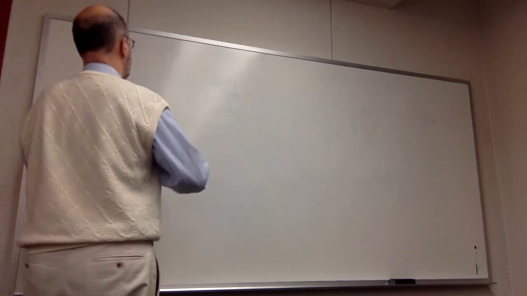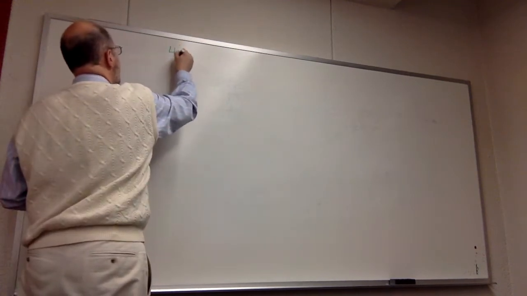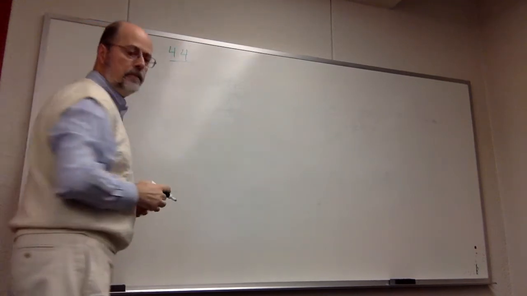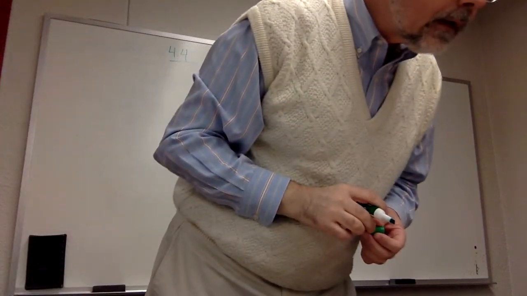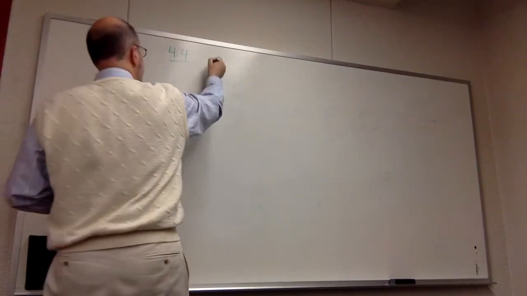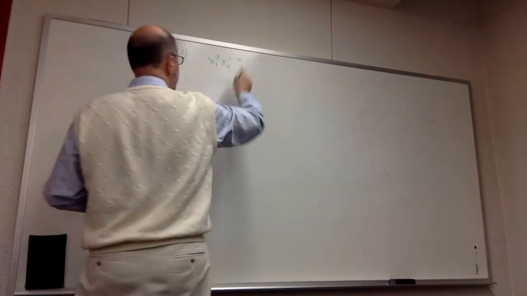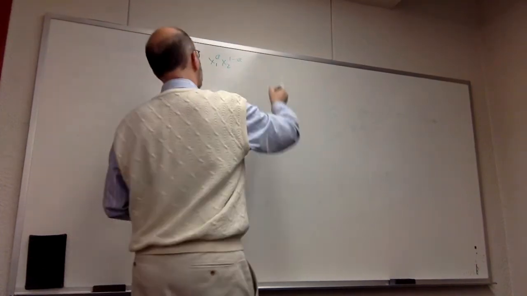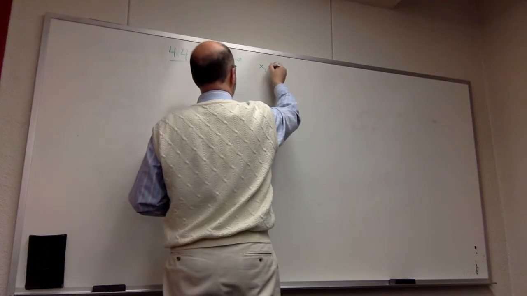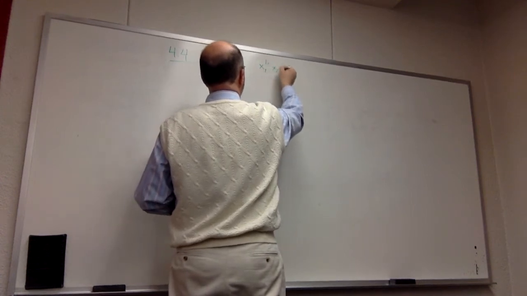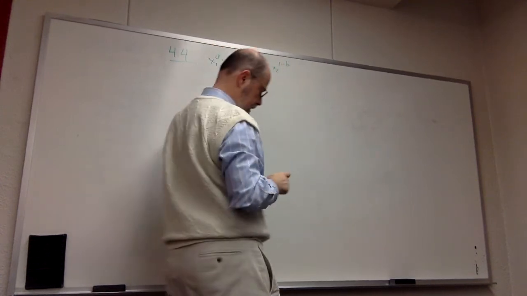All right, so that's 4.4. So plant 1 has production function x1 to the a times x2 to the 1 minus a. The other one has production function x1 to the b, x2 to the 1 minus b.